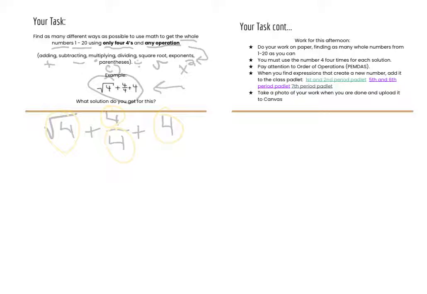We said that the square root of 4 is 2 because 2 squared equals 4. So square root undoes exponents. And then the next thing we need to do, because of order of operations, is our division. Anytime you see a fraction, like right here we have 4/4, that is division.